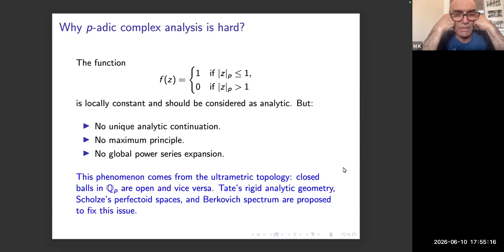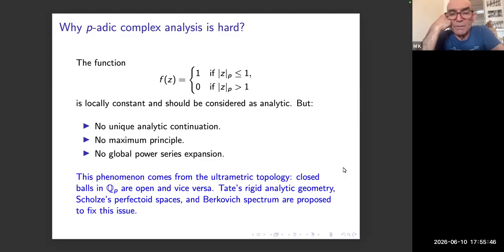So you want to have this theory, but if you try something like that, immediately it blows up in your face. For example, take this function f of z, which is constant 1 and 0. It's locally constant, so in any reasonable theory it should be analytic. And if that's the case, then you have violated the unique analytic continuation principle, because instead of 0, you can define 2, 3, whatever.